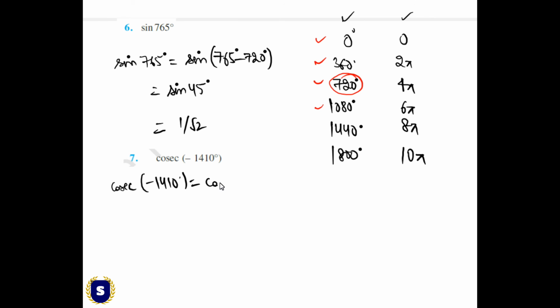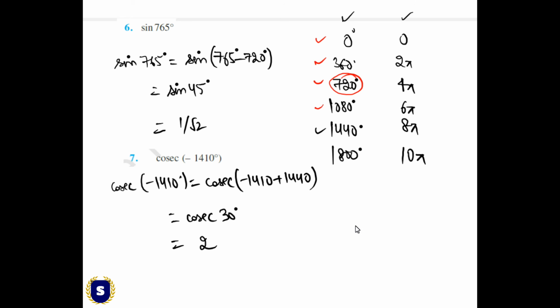It can be seen that by adding 1440, I'll get the value between 0 and 90 degrees. So minus 1410 plus 1440 brings the angle into the range, that is cosec 30 degrees, and the value of cosec 30 degrees is 2. Yes.